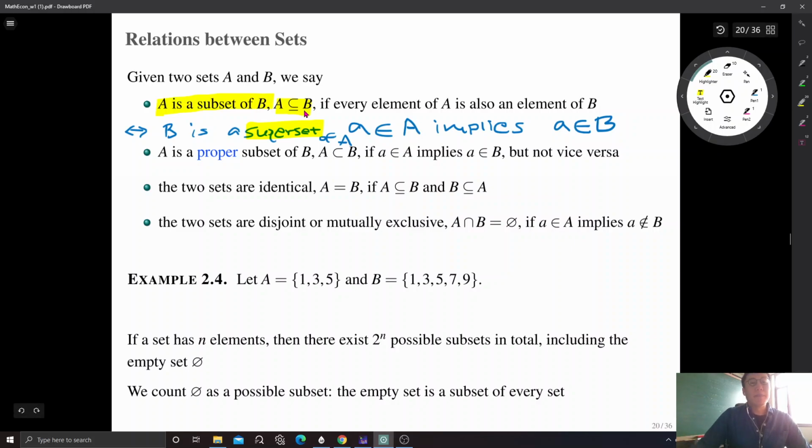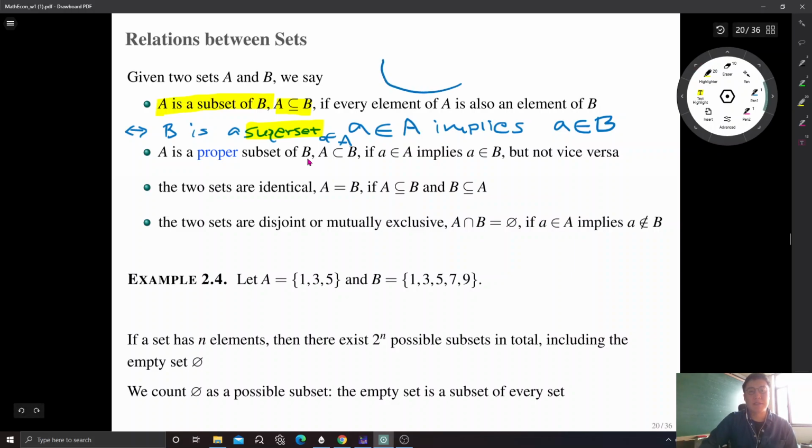But if we express that A is a strict subset, or proper subset, of B, that rules out the possibility that the two sets are identical. So B strictly includes set A. I think it's better to show you a figure.